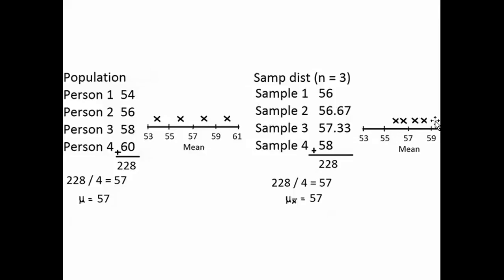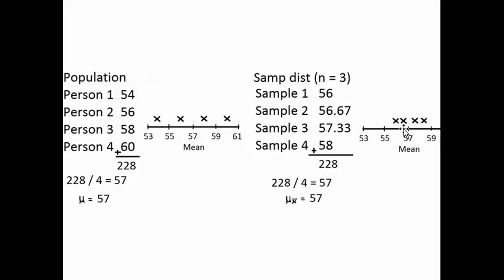But now all of our sample means are between 56 and 58. All of our sample means are pretty close to the population mean of 57. So like I said, when the sample size goes up, the sample means move in closer to the population mean.